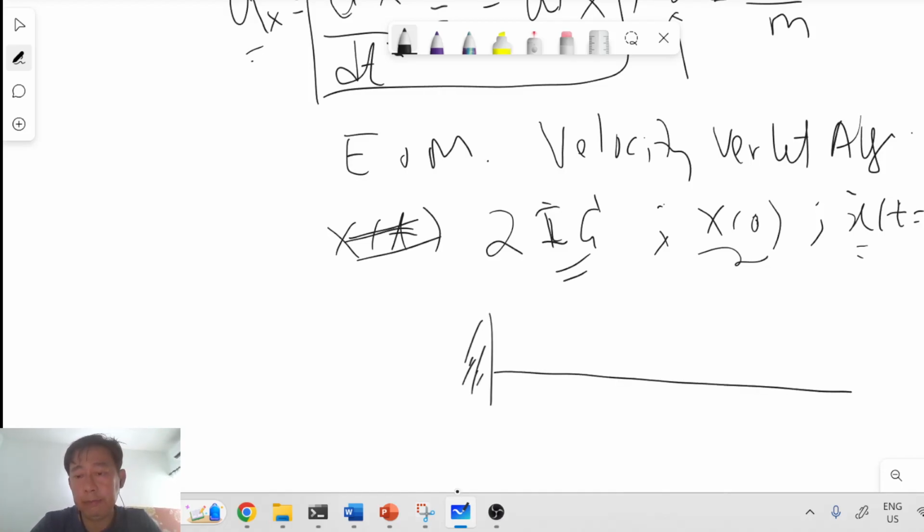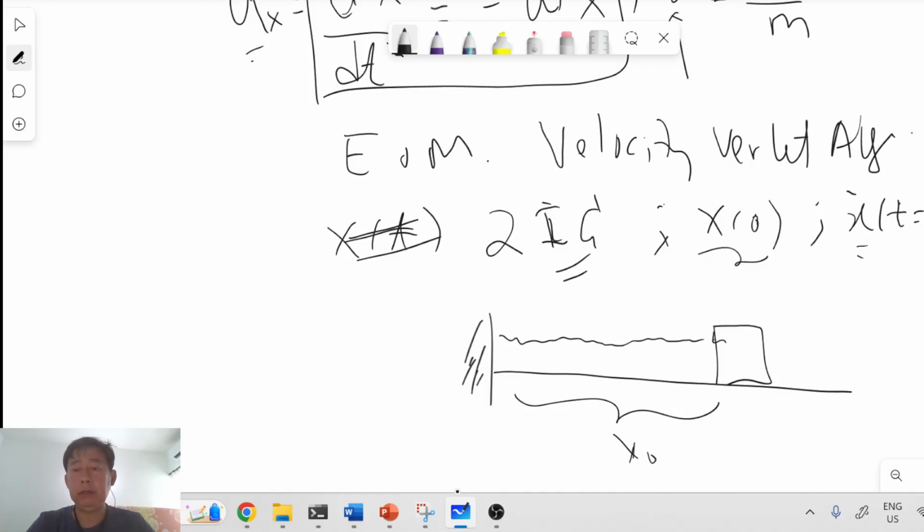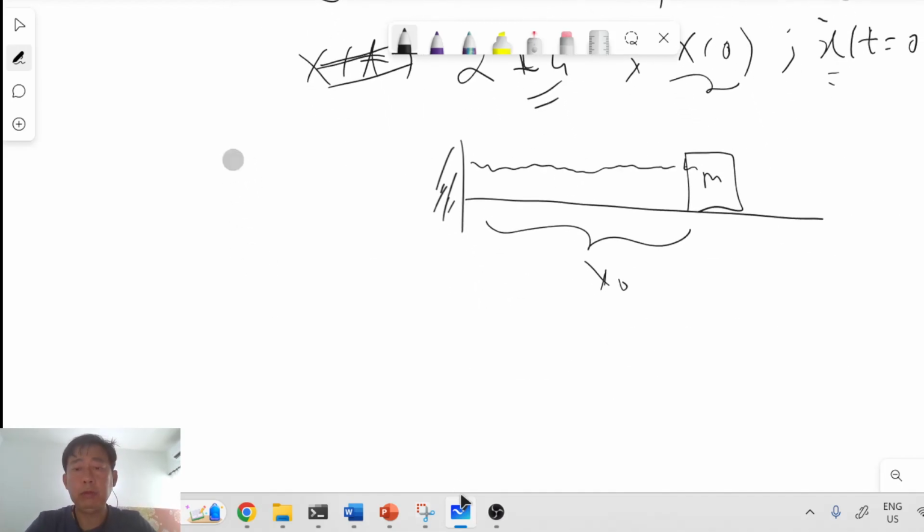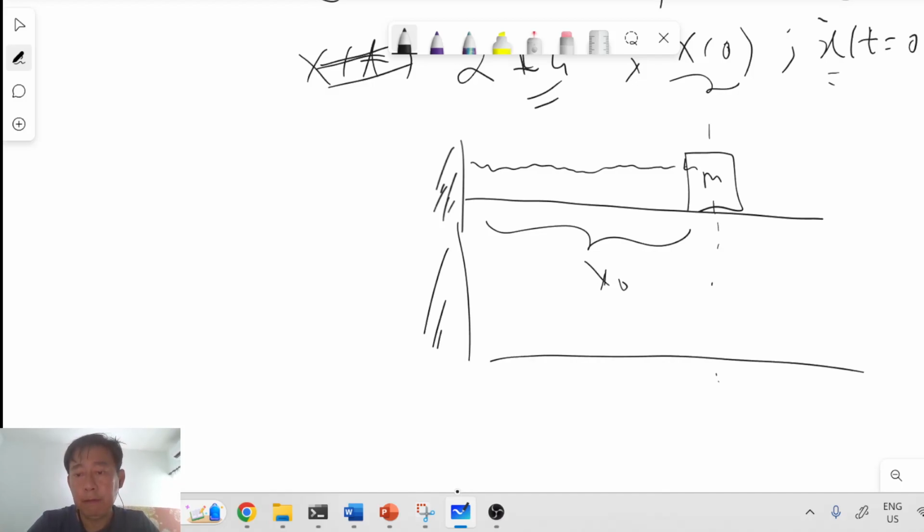If you draw a picture of this, say this is the natural length, which is denoted as x naught. To set the oscillator into motion, you displace it from some initial position, say like this.